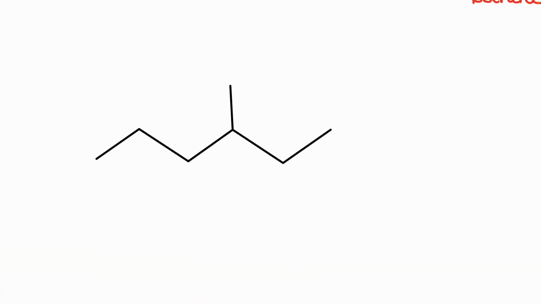All right, step one, you're going to find and name the parent chain, and then find and name our substituent. Okay, when it comes to the numbering, we're going to throw a little bit of a twist on here.